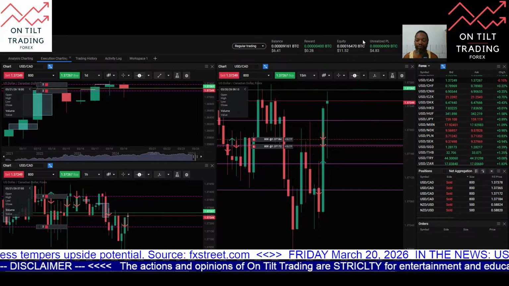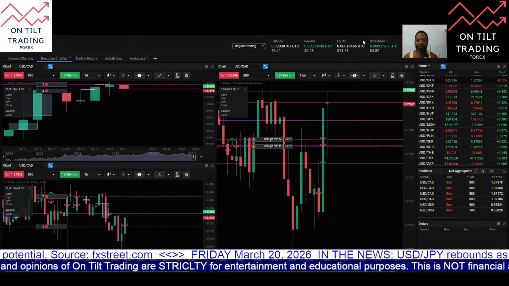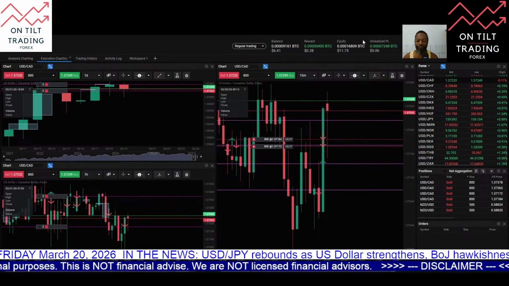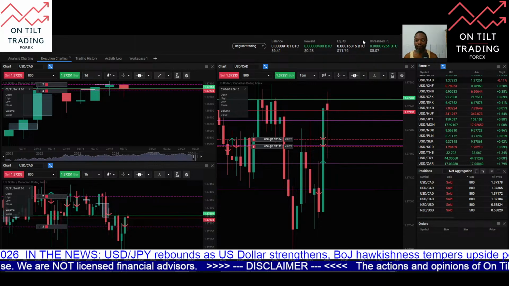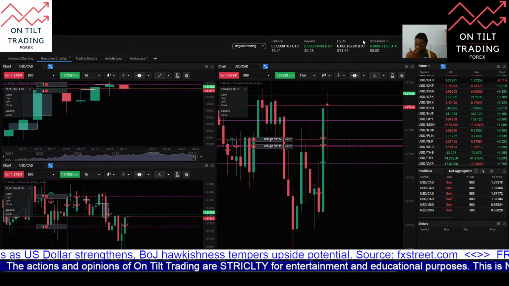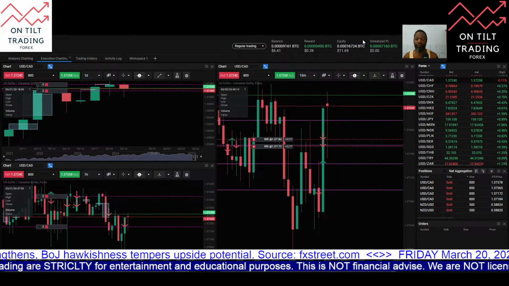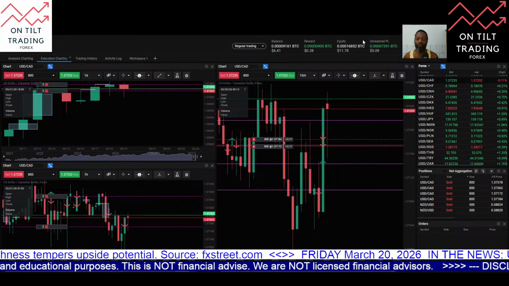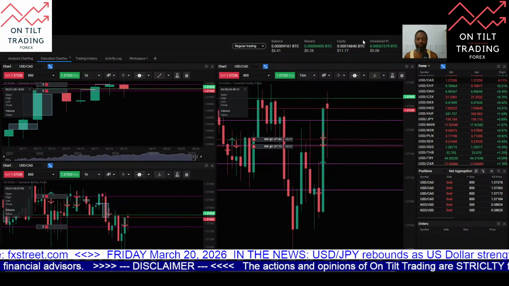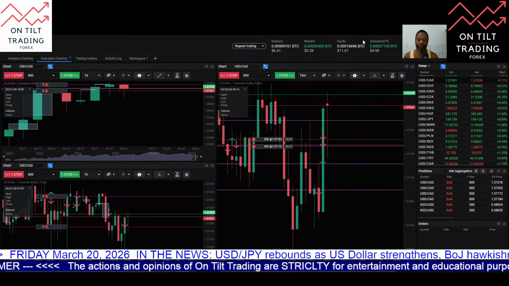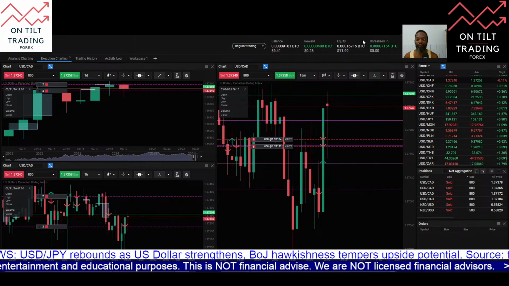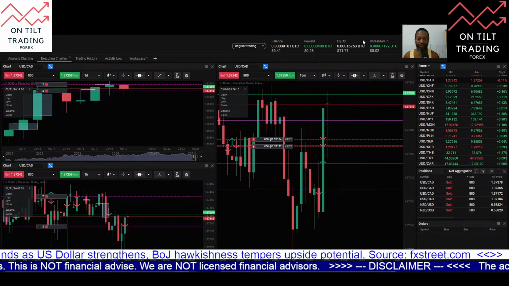And seeing some buy side delivery, 137,250. Less than 1 minute remaining in the current 15-minute candle.